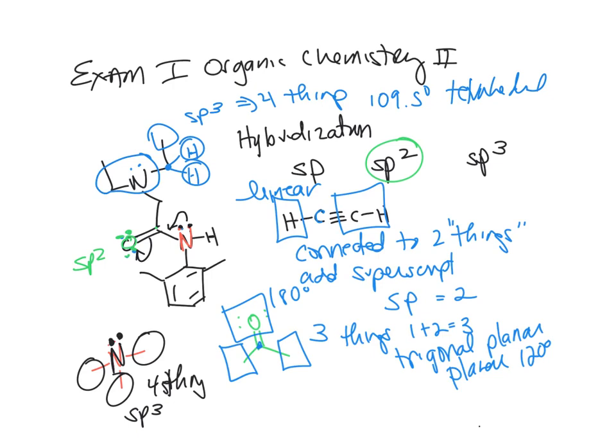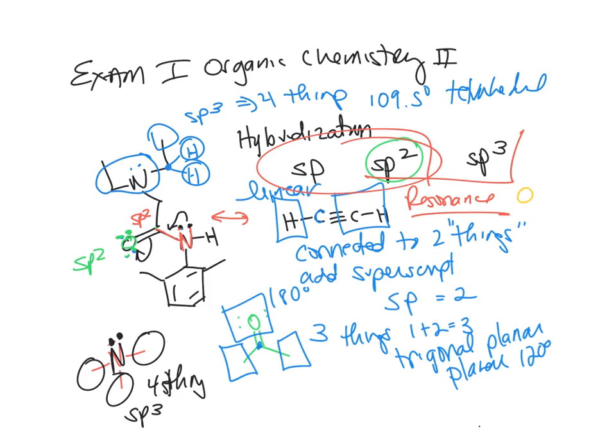You have to have an sp2 or an sp atom to have resonance. If you have a lone pair that's connected to a neighbor that's sp2, it will do resonance. And if it can do resonance, then it has to be sp2 or sp, because you have to have unhybridized p orbitals.